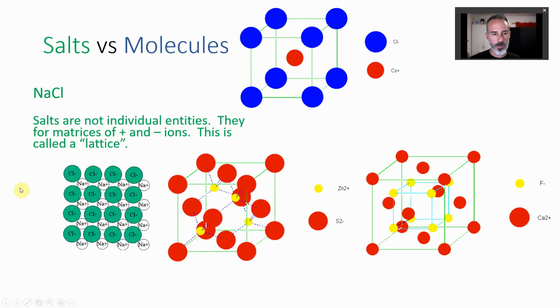Okay, so if you accept that idea and that we're going to refer to this as a matrix or a lattice, then we might start to wonder, how strongly are these sodium and chloride ions held together? We get the feeling that intermolecular forces aren't very strong in covalent compounds, not nearly as strong as a covalent bond. Would you expect zinc sulfide or cesium chloride to be harder to split than it would be, say, to split sodium chloride ions?